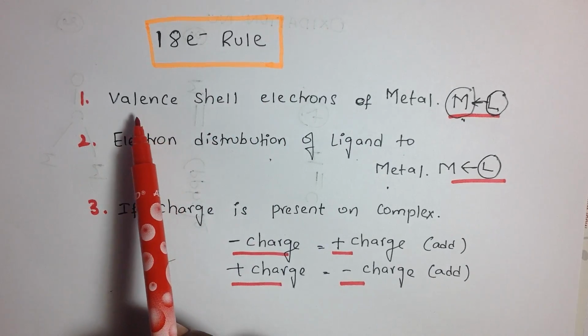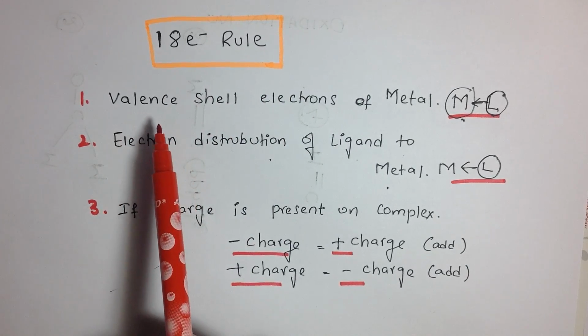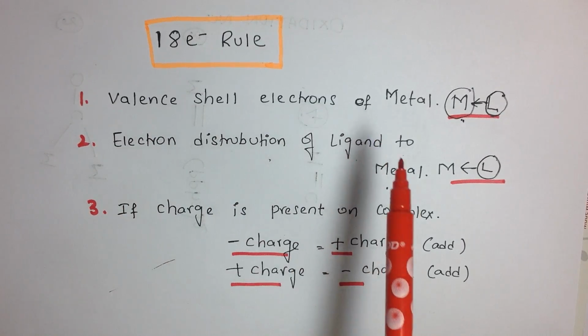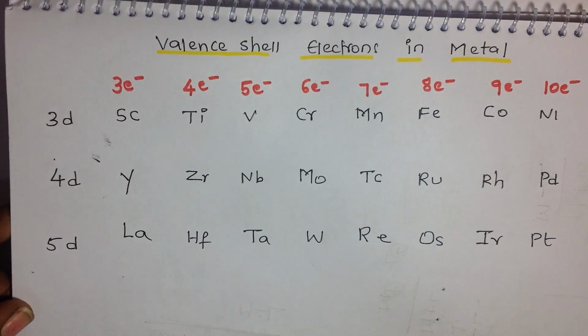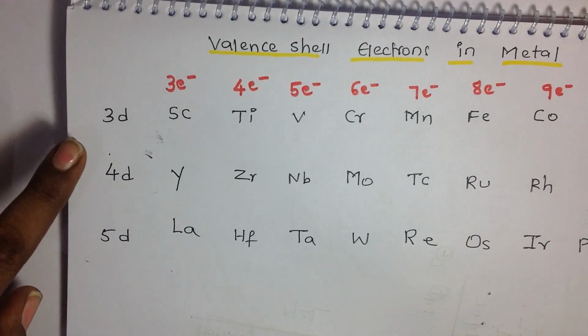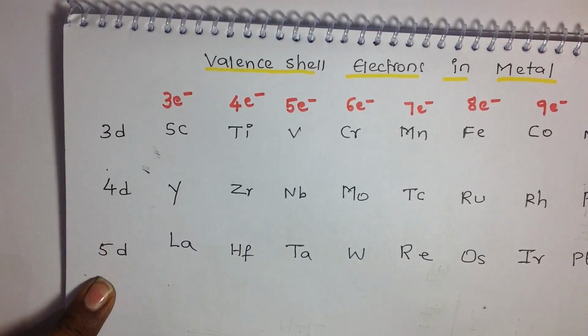Let's move into the first thing. How do we know the valence shell electrons of a metal? We know the valence shell electrons of a metal from the 3d, 4d and 5d series.